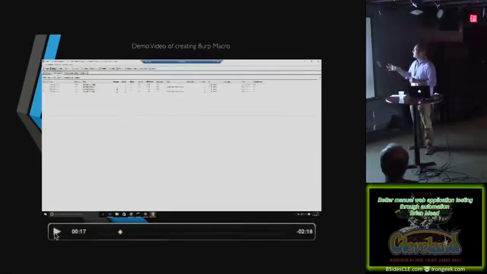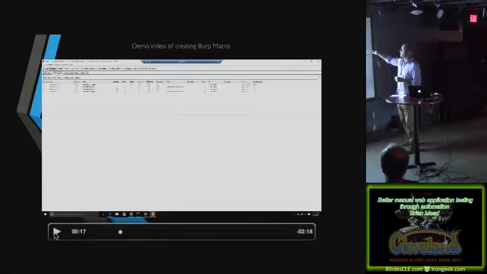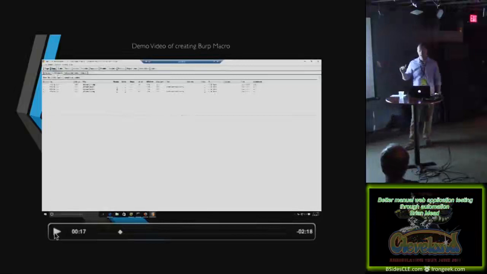In the blurry text, I apologize, we can see the traffic that has been sent back and forth. It looks like the login process is four requests. Basically you request the page, you log in, and then it displays the page. So what we're doing here is checking the HTTP history to make sure that we have that traffic.